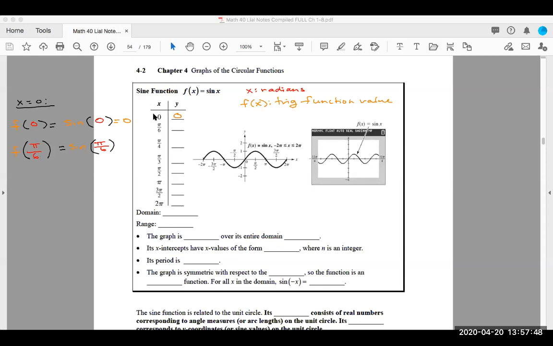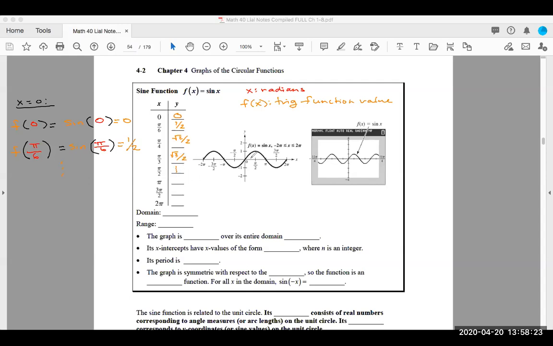Now, hopefully you remember that on the unit circle, that is when your y coordinate would be 1/2. Okay, and so on and so forth. So we're going to have 1/2 here at pi over 6. Sine of pi over 4 is root 2 over 2. And then root 3 over 2 and 1.